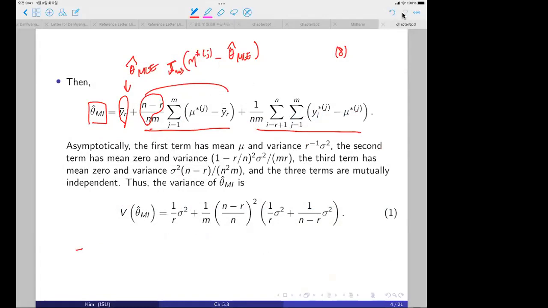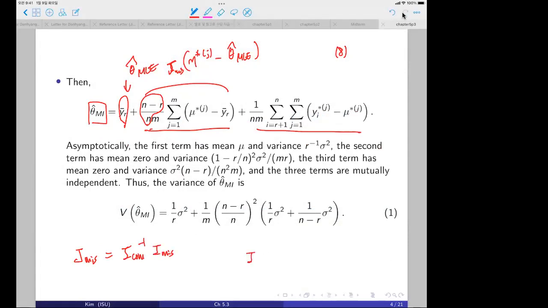Because what is J miss? J miss is I com inverse I miss, right?